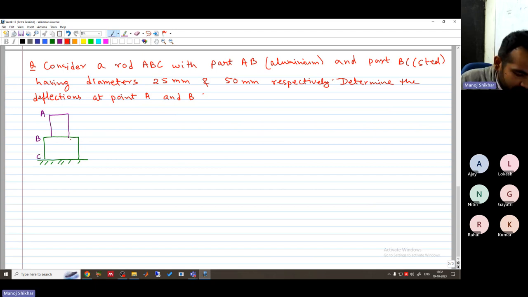And for the loading, here they are applying 25 kilonewton, and here they are applying 10 kilonewton. Okay. This length is 0.4 meters. This is 0.5 meters.